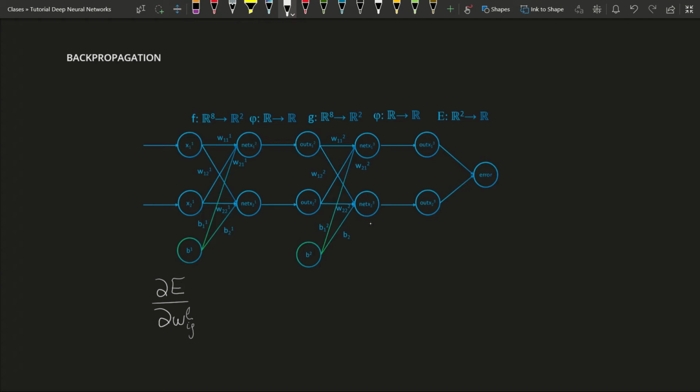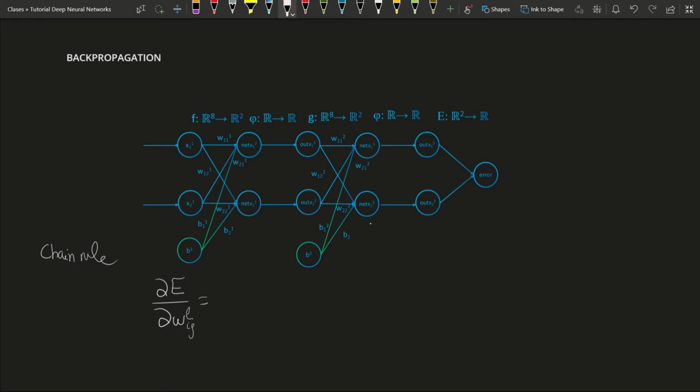So we want to know how sensitive the error is to a weight. Okay, so how do we calculate it? We will apply the chain rule. So for every function here we will calculate its derivative, and finally we will combine them.